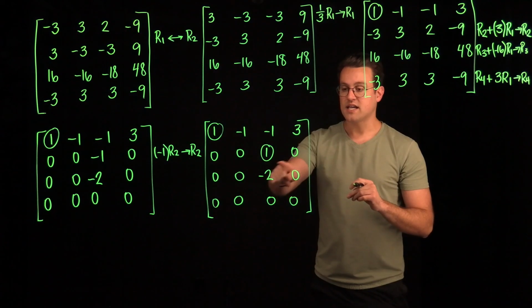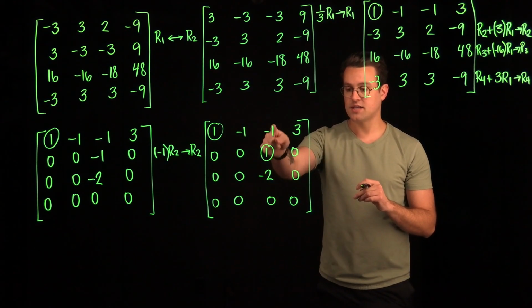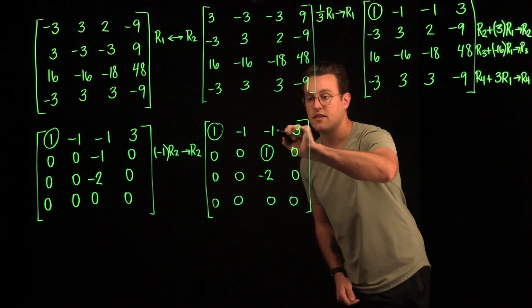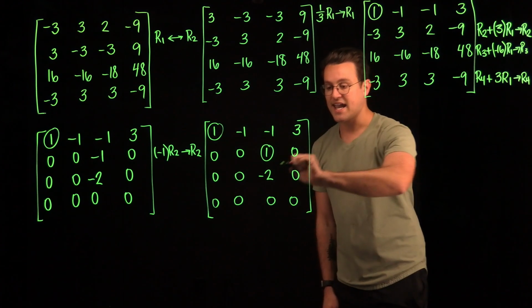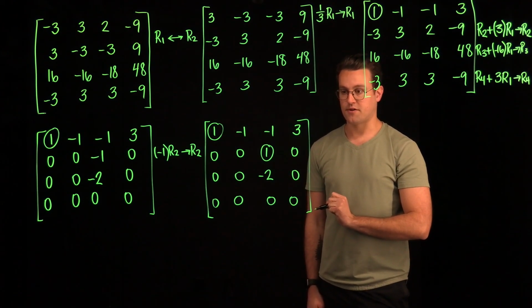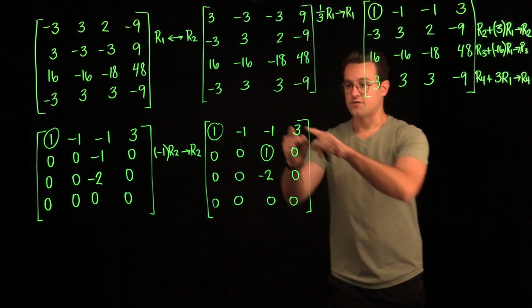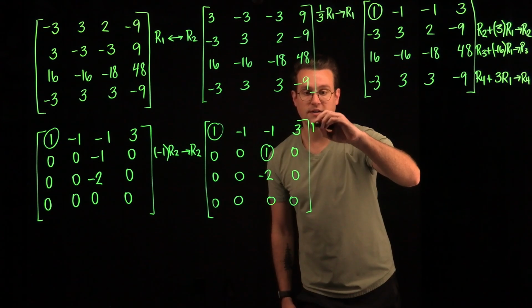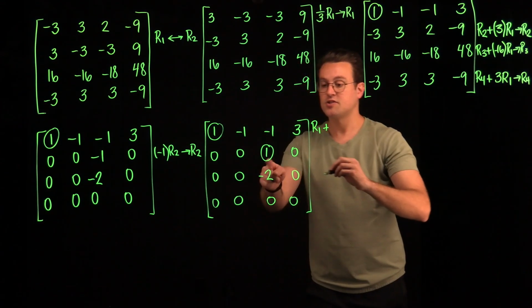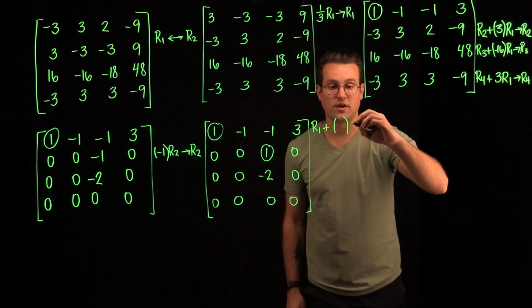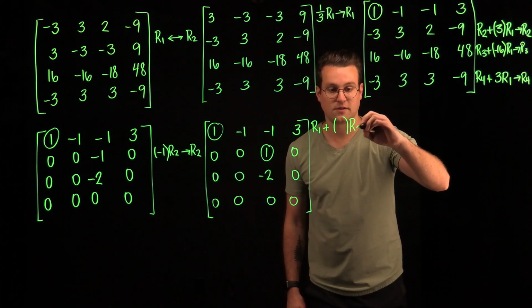Now, what I want to have happen is I want to have zeros above and below the 1 that I've circled. So I need to turn this -1 into a 0 and this -2 into a 0. And I'm going to leverage this circled 1. So the row I want to change is row 1 plus some multiple of the row with the 1 circled, so row 2.